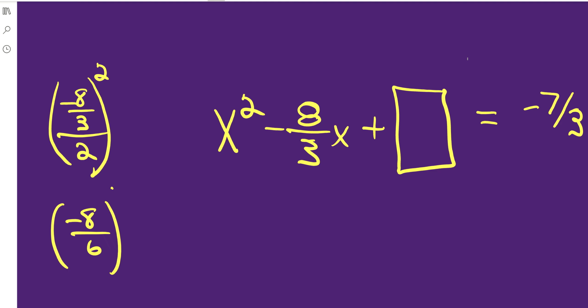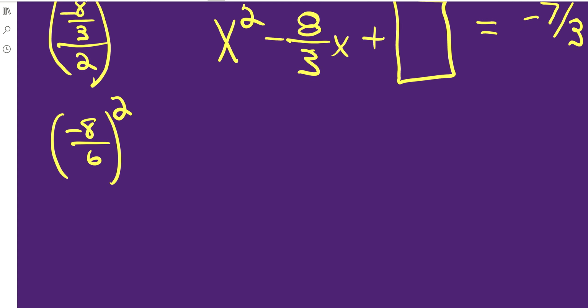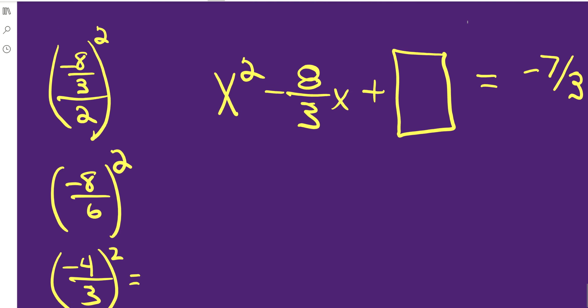And then I'm going to square that. I'm going to simplify -8 over 6 by dividing by 2, which goes into both, so I'm going to have -4 over 3 and square that. And now I'm in business because that's going to give me 16 over 9.